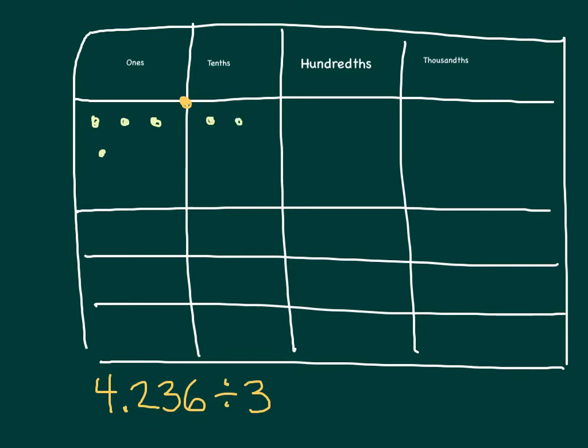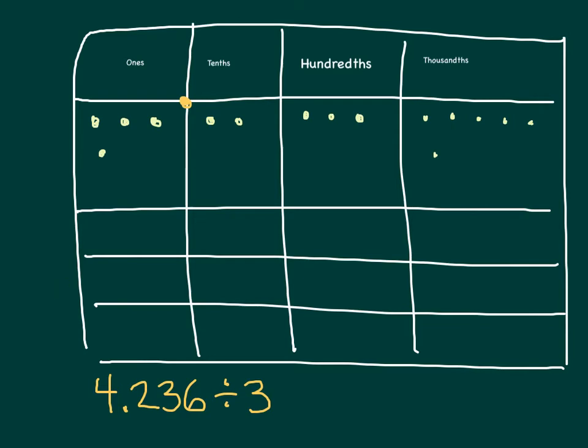I have 3 hundredths. So I'm going to write in my 3 hundredths. And finally I have 6 thousandths. So I'm going to write those in like so. Now what I want to do is I want to divide all of that into 3 piles.